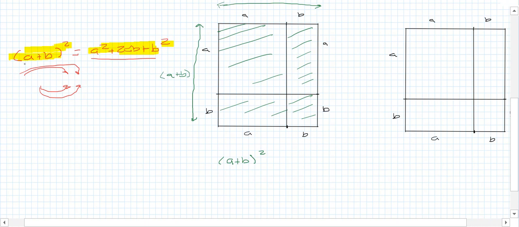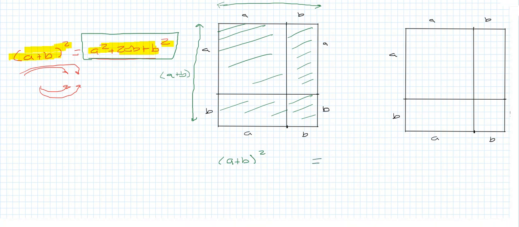Now, we've worked out that a plus b squared is equal to this. But what does that look like? Let's look at all of these terms. Where is a squared in this square?